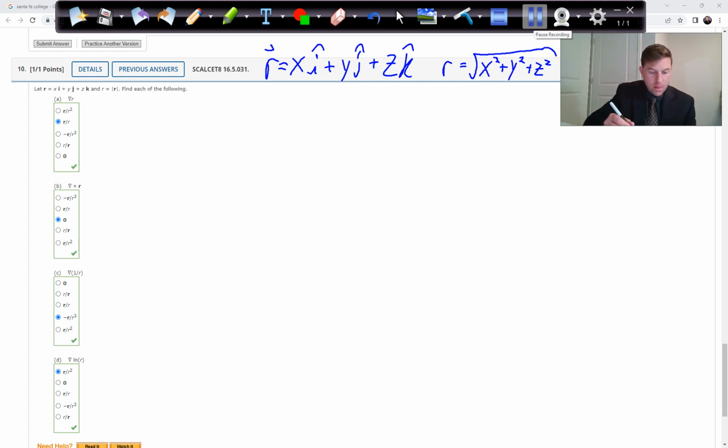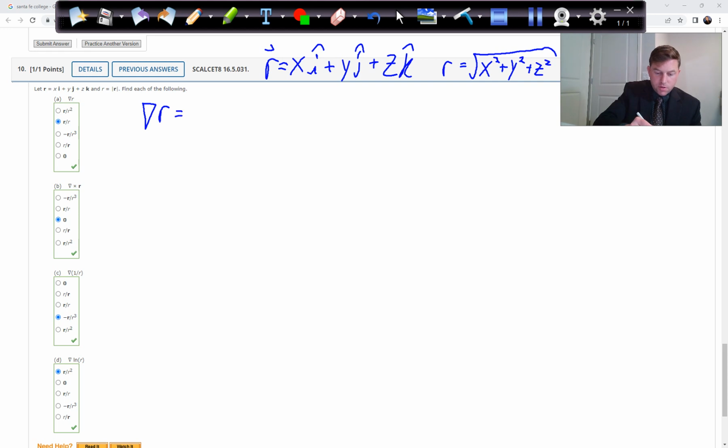Okay, so this says find the gradient of r. Well, that is going to be, so we're working with this square root up here.